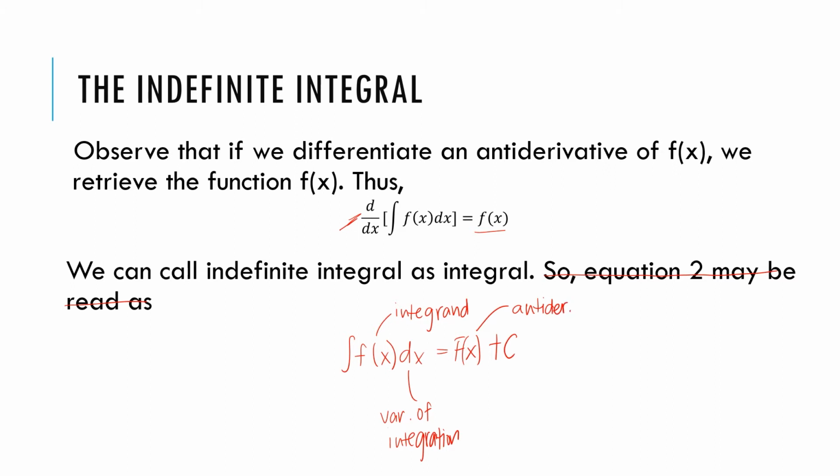This is the arbitrary constant. And this is the integral sign, a stylized S, because it is from the term sum. So that is the part of the integral function.